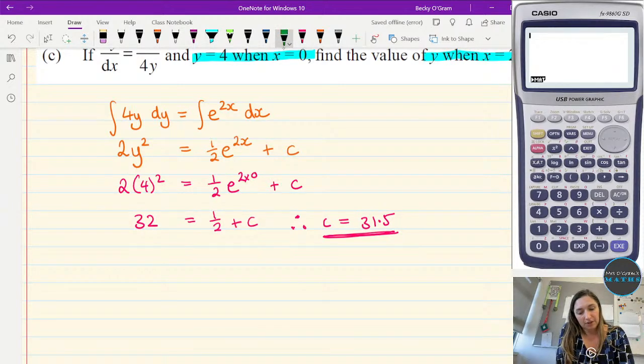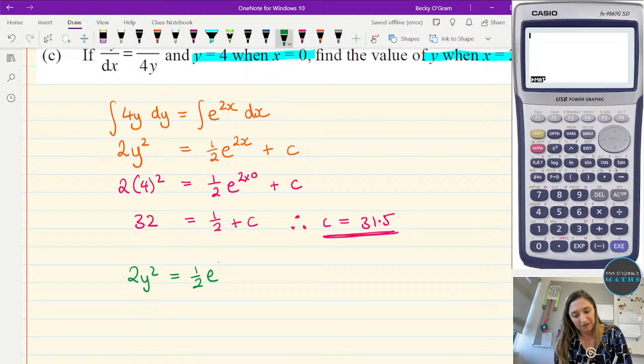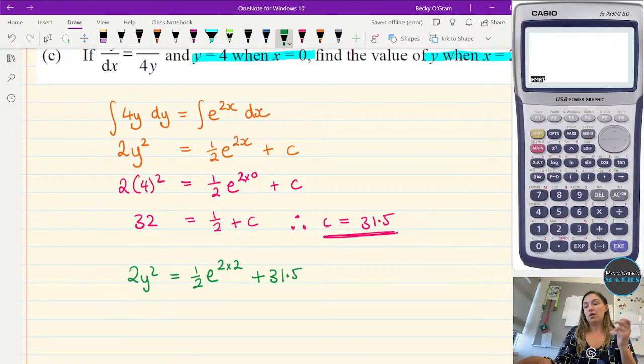Let's get this one here. All right, so 2y squared is equal to a half e to the 2 times 2, because we've got x equals 2. We've got c as being 31.5. So then let's just work that through.